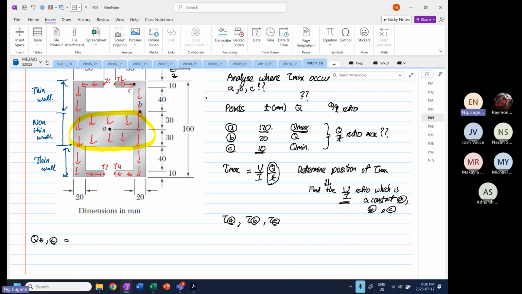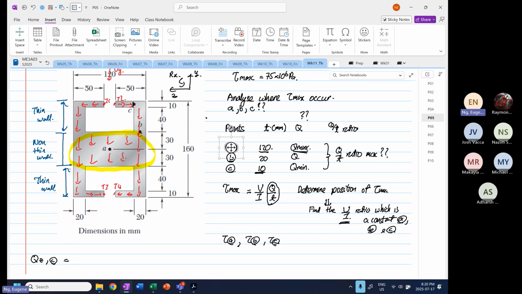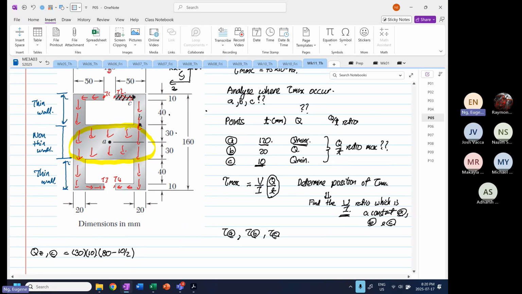For point C, we are going to consider this area. The width is 30 because 50 minus 20 is 30. The depth is 10. The Y bar is 30 plus 40 plus 10, which is 80, minus 10 divided by 2.